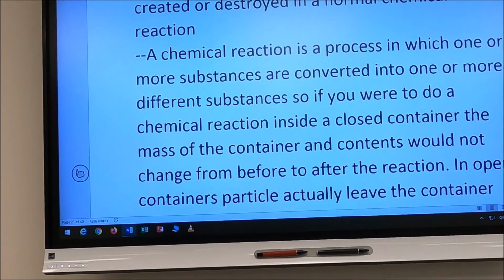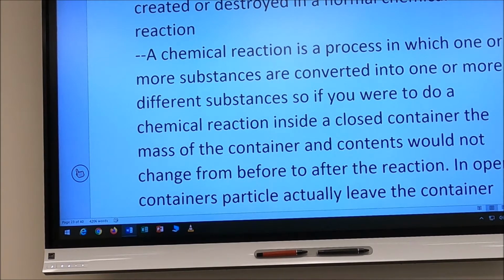So a guy by the name of Lavoisier took on doing some experiments in closed containers where he trapped everything. Nothing could come in or go out. And when he did these reactions in closed containers, what he saw was that the mass didn't change.